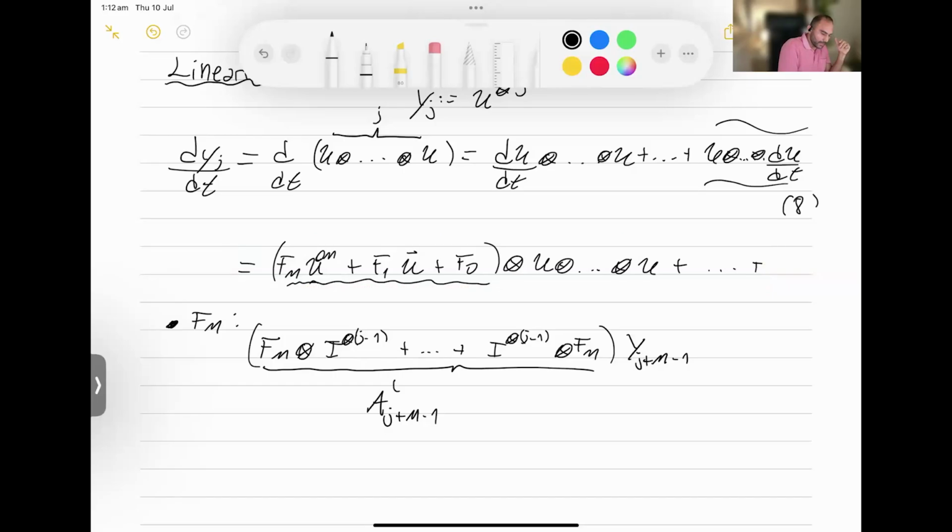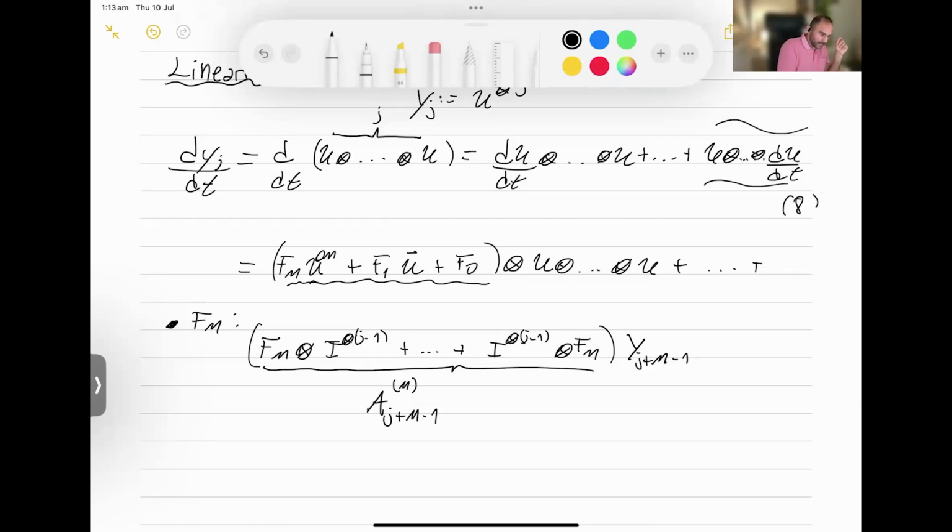Also remember the superscript here relates to the matrix Fn, because the subscript relates to the new variable that changes, and the superscript relates to the matrix Fn.